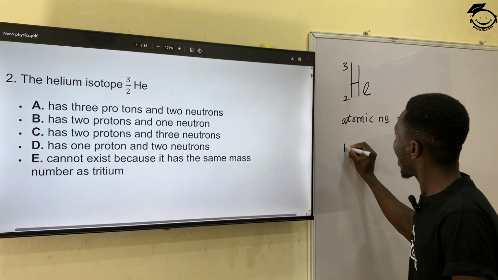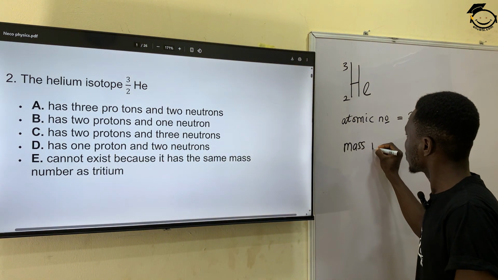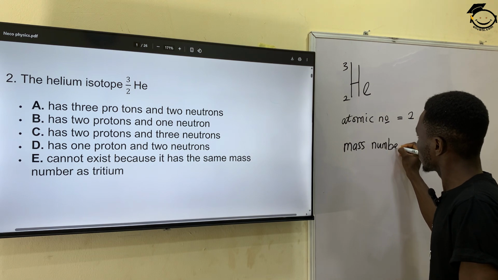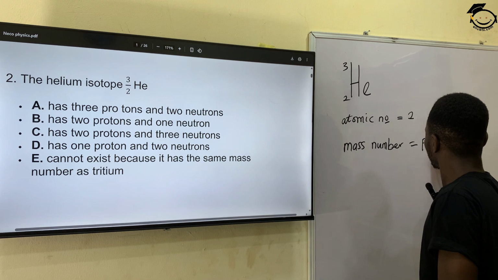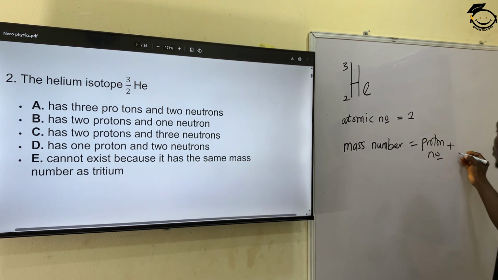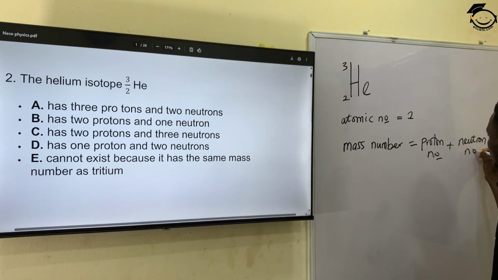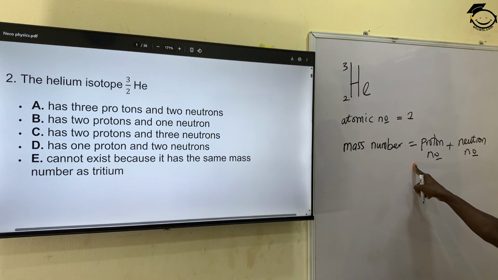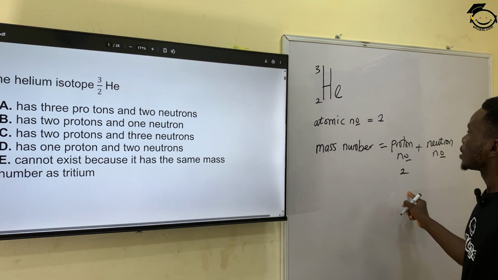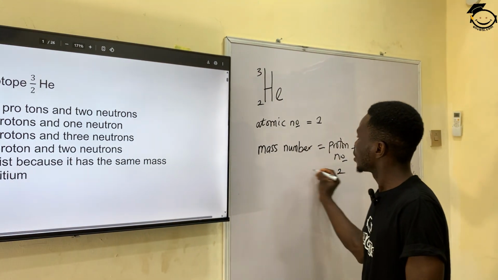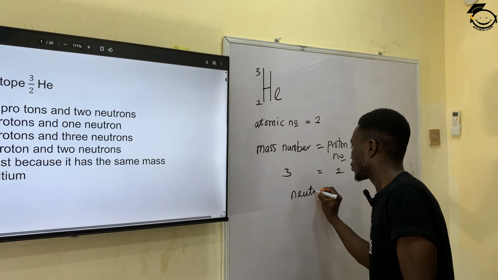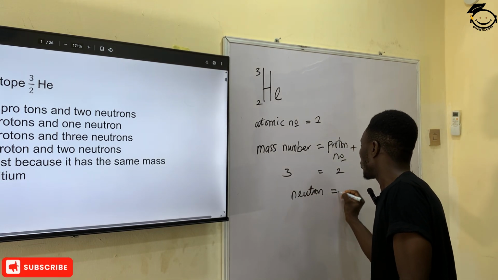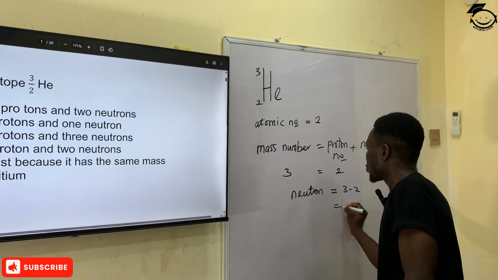And we know that our mass number is equal to proton number plus neutron number. So if my proton number is 2 and my mass number is 3, automatically my neutron number will be equal to 3 minus 2, and that will give me 1.